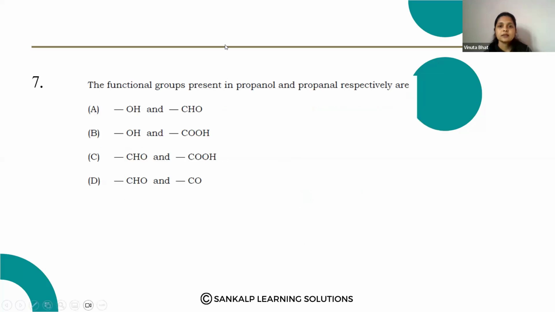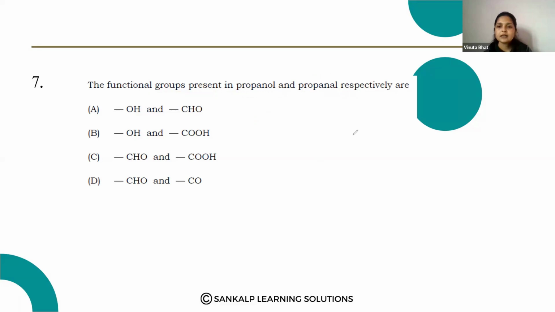Next question. The functional groups present in propanol and propanal. Propanol is the alcohol group, OH group. Propanal is the CHO group. Sorry, in the first question also, sorry for the wrong information.